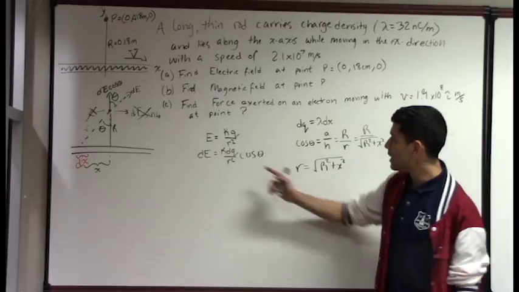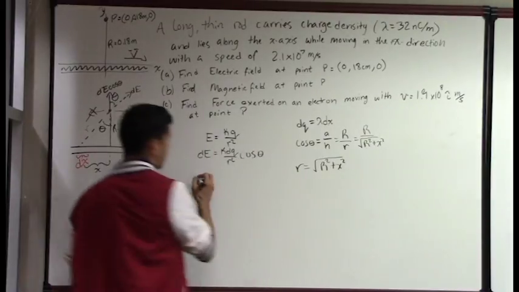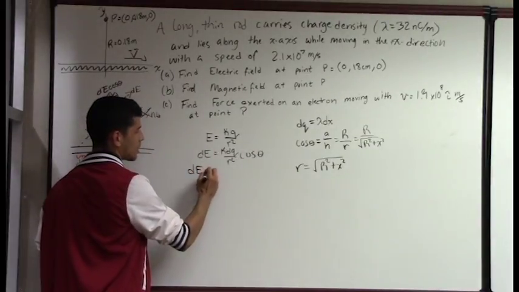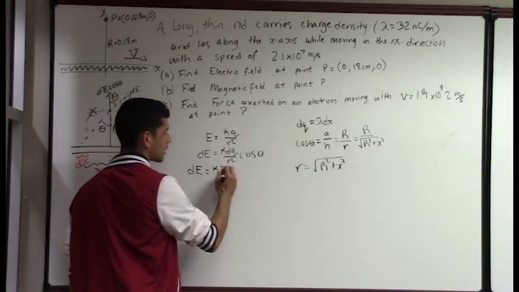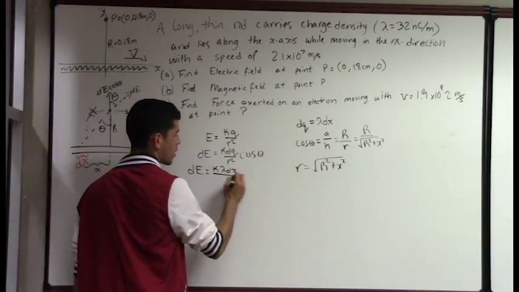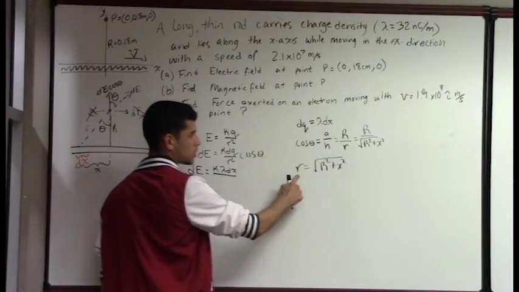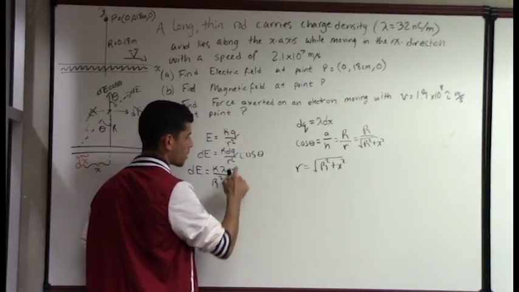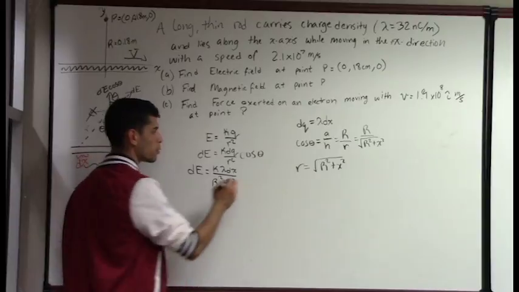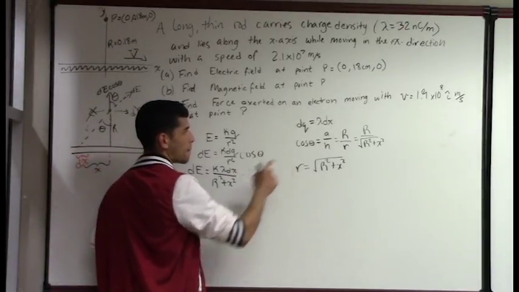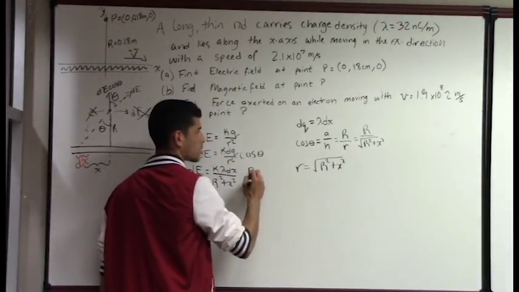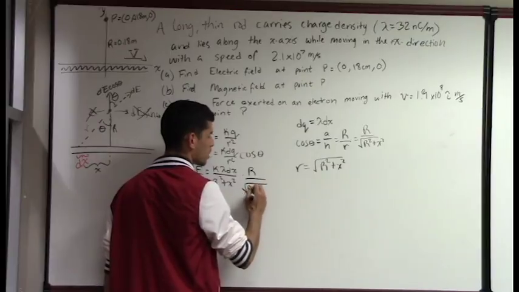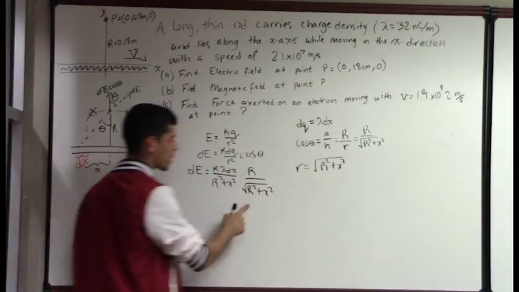Now plugging into our original equation, dE is equal to k lambda dx over r squared plus x squared, because the square cancels with the square root, multiplied by our cosine of theta, which is r over the square root of r squared plus x squared.